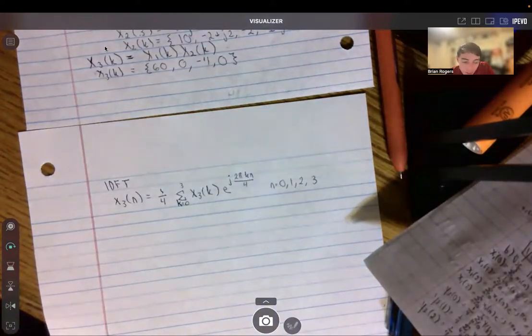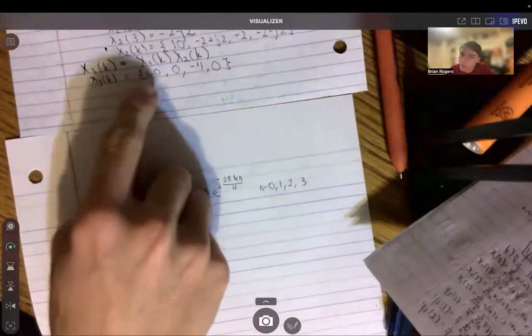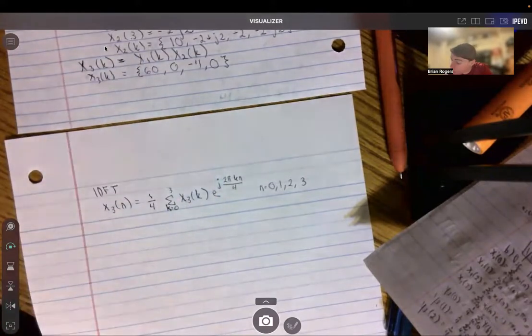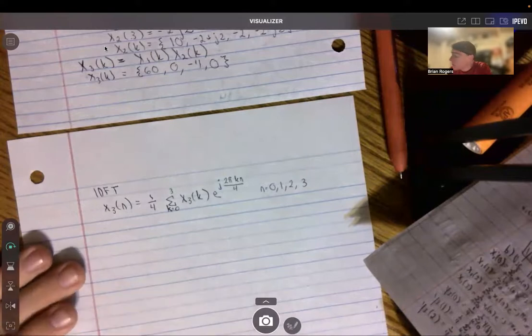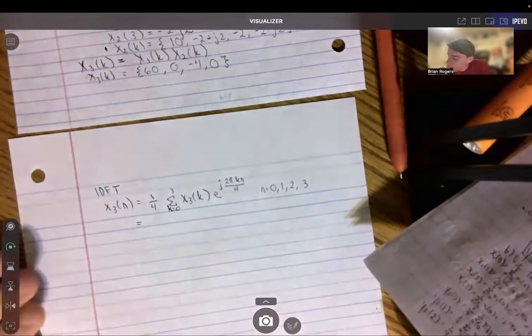And what's going to happen now is we basically are going to have to plug in specifically for our k. When k equals 0, what we have here is our x3 of k, which is 60. So let's look at each of these in order to perform this x3 of n and get the results.